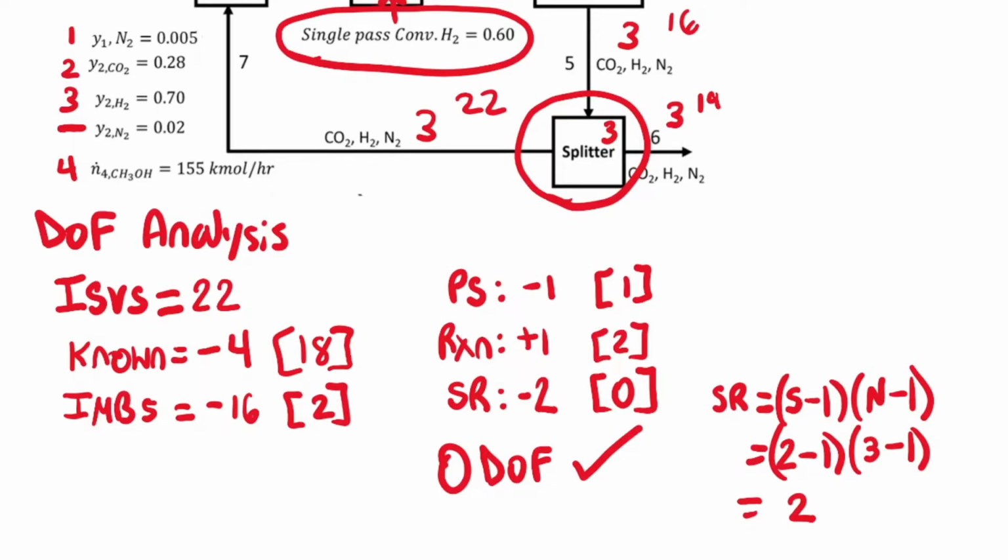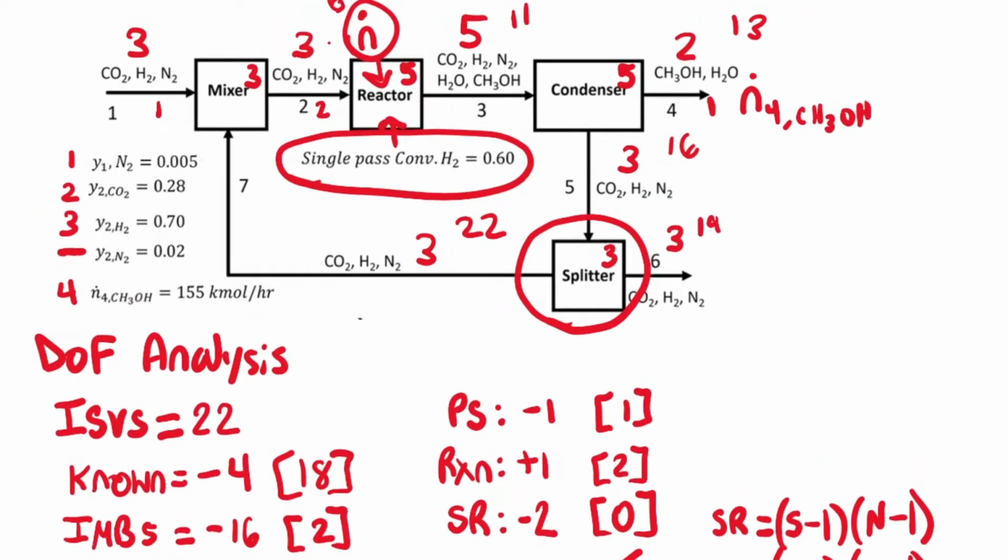And now looking at it, to really start on the reactor, what we need is an N dot. We need an N dot for my reactor. But the only thing is I have an N4 dot for methanol. Let me scroll back up so you can see what I'm doing.